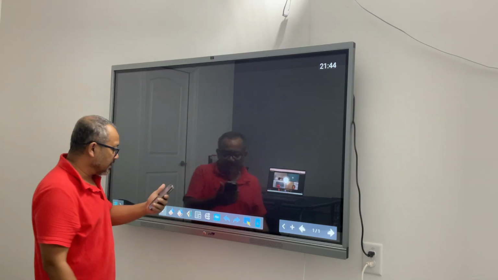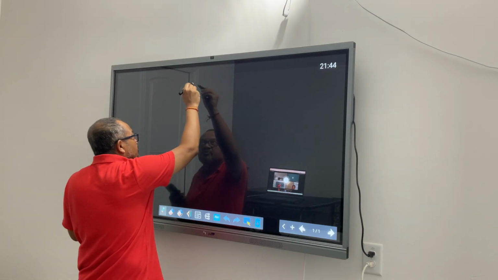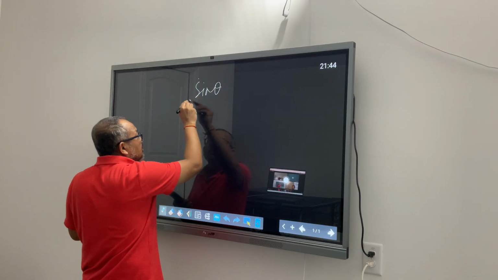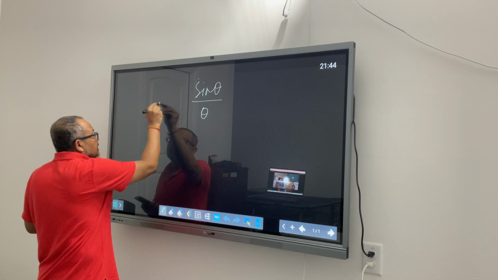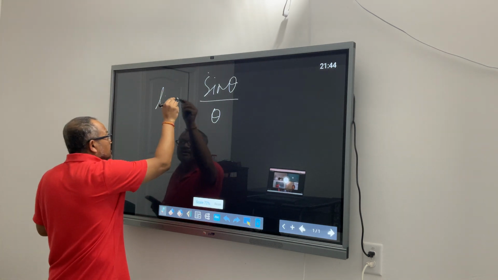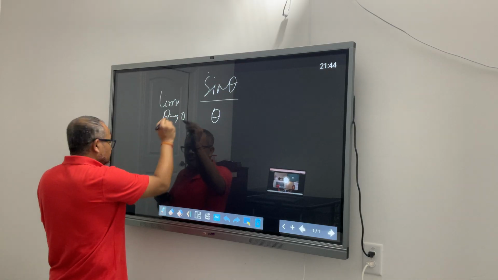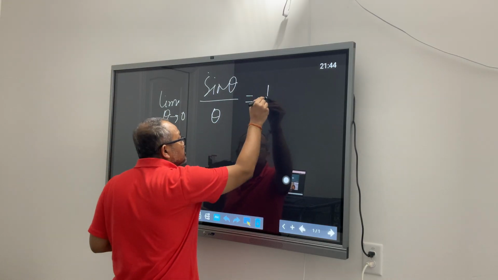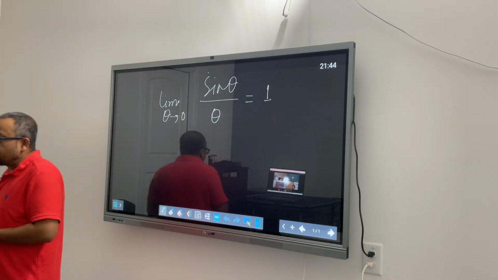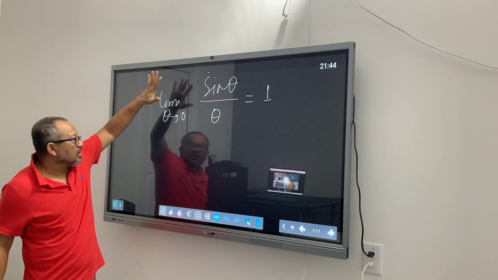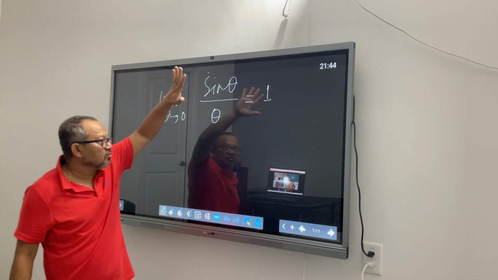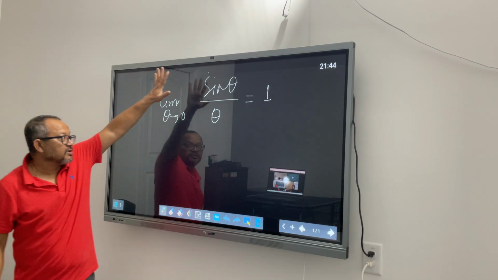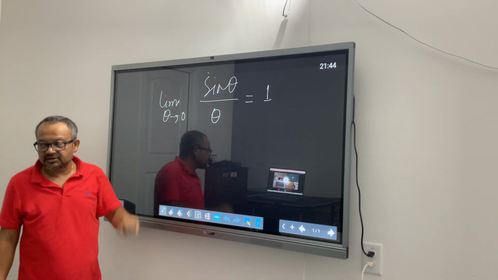I want to find, or rather prove, the value of the limit of sine theta over theta as theta approaches 0 equals 1. We want to prove that the limit of sine theta over theta equals 1 when theta is approaching 0.